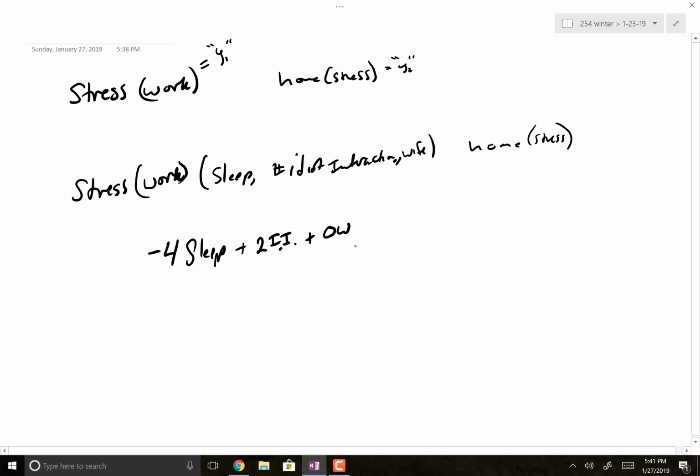That make sense? And home stress, this is work. Home stress might very well be affected by sleep. And again, something like this. Idiot interactions. Yeah, I don't really think idiot interactions affect my home life that much, but wife interactions do. And so if these are good interactions, then my stress goes down.